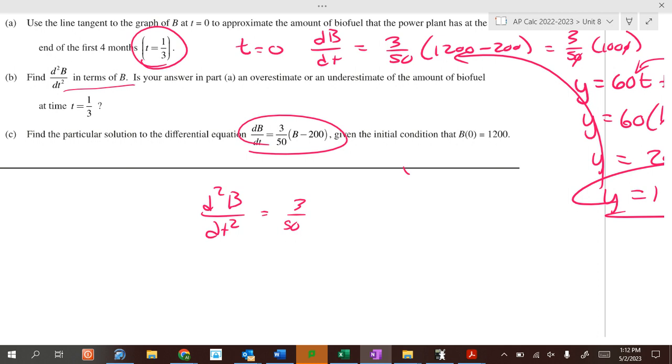Why am I having a brain fart? Three-fiftieths, there we go, dB dt, because you have to take the derivative of b with respect to t. There we go.